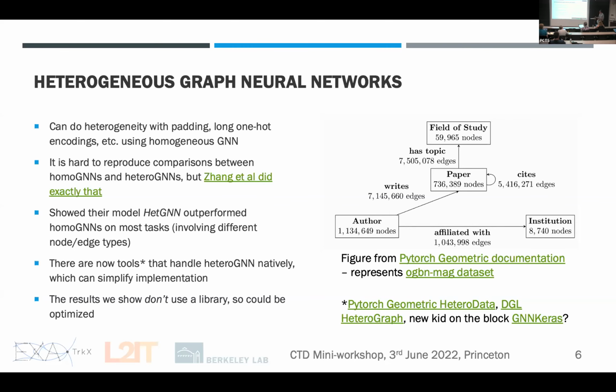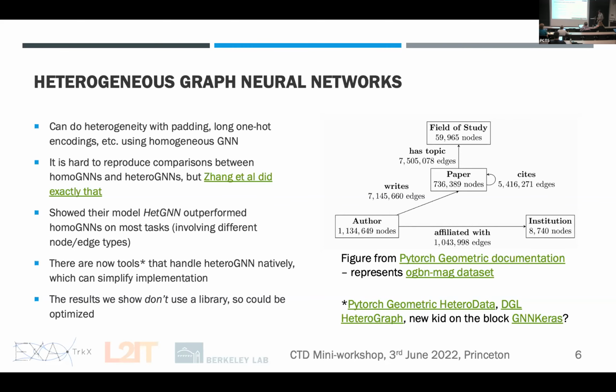So there is a proof of concept here that heterogeneous GNNs, which is to say treating different nodes differently and having different MLPs for different nodes and edges, is indeed the right way to treat a heterogeneous graph. And the community reflects that. There are now heterogeneous versions of most of the most popular GNN libraries. So PyTorch Geometric has now native support for heterogeneous GNNs.